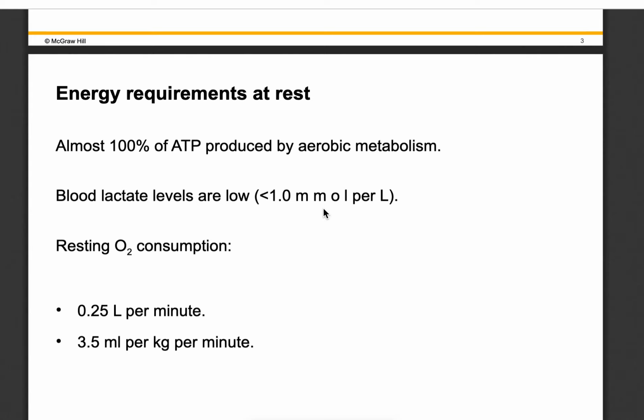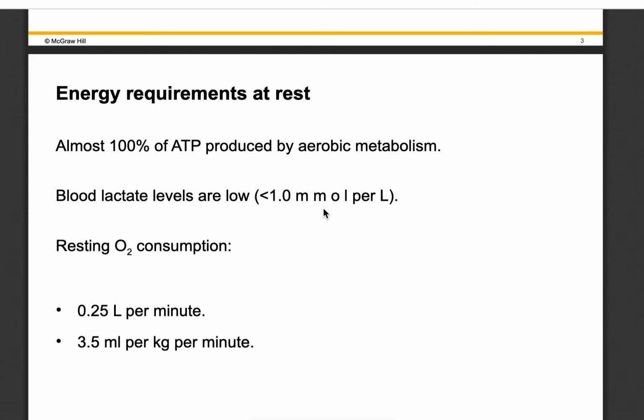Realize at rest, the ATP you produce to stay living, to perform all your normal functions, just sitting here watching this video, is produced by aerobic metabolism. So think glycolysis and then going into the citric acid cycle or Krebs cycle, and then the electron transport chain. Blood lactate levels are really low because the pyruvate at the end of glycolysis is being utilized for energy through the citric acid cycle.